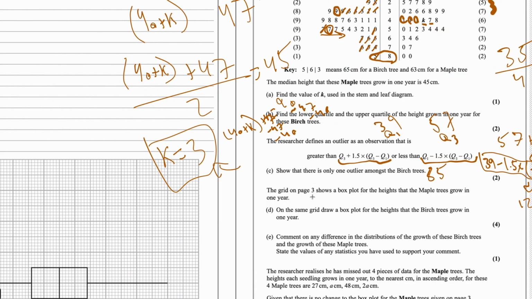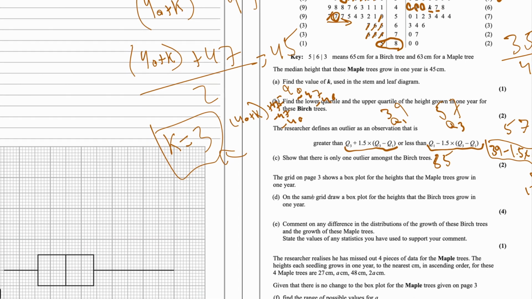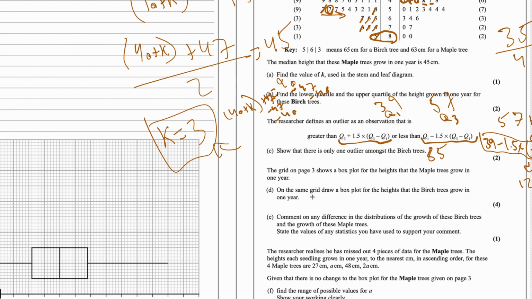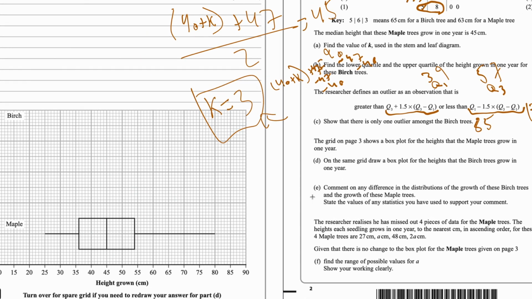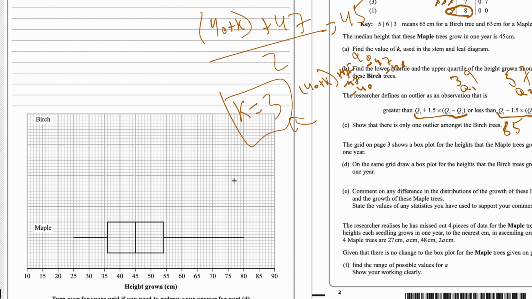The grid on page 3 shows a box plot for the heights that the maple trees grow in 1 year. On the same grid, draw a box plot for the heights that the birch trees grow in 1 year. So we start from the lowest reading, which we identified as 28. So over here.